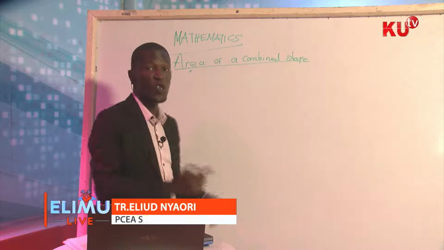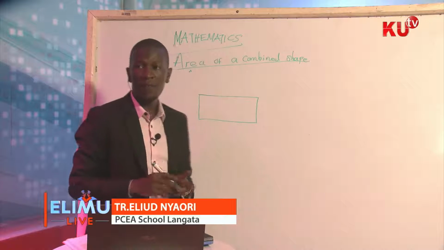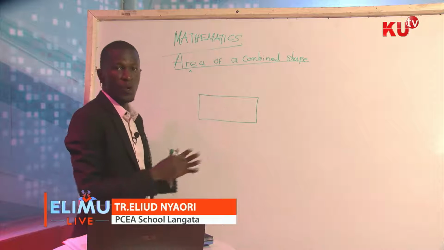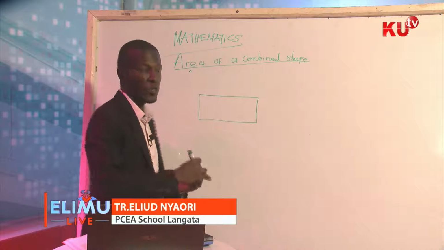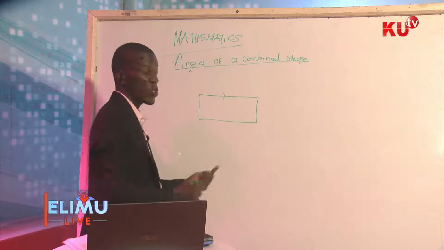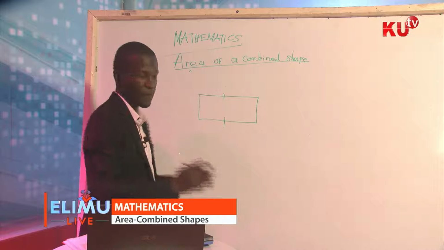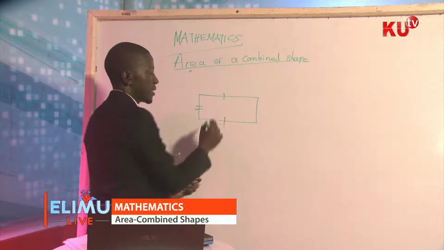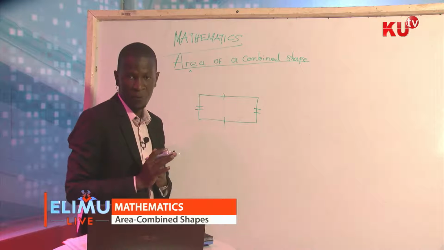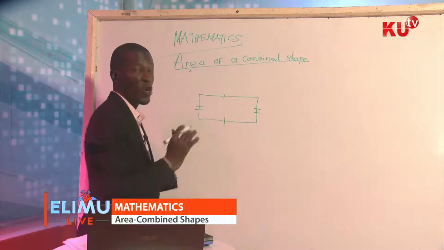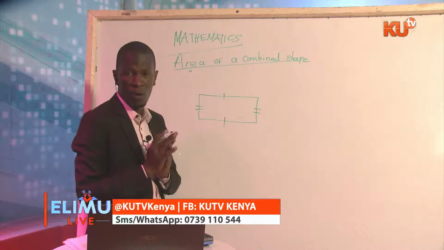As you can see in our drawing, we have a rectangle here. When I talk of the opposite sides, these are the sides which face each other. So this side is equal to this side, and the longer side, we call it length. This side is equal to this side, since they're facing each other.